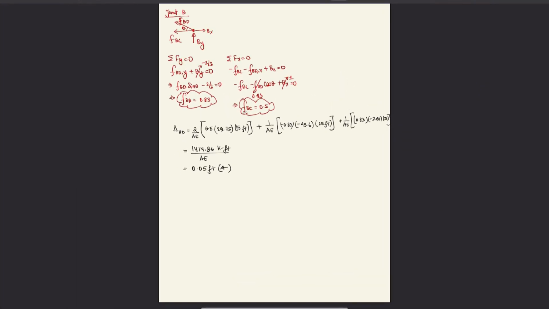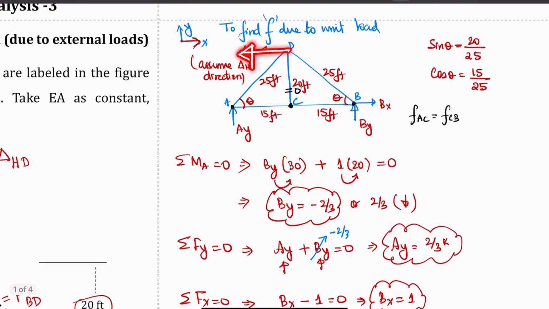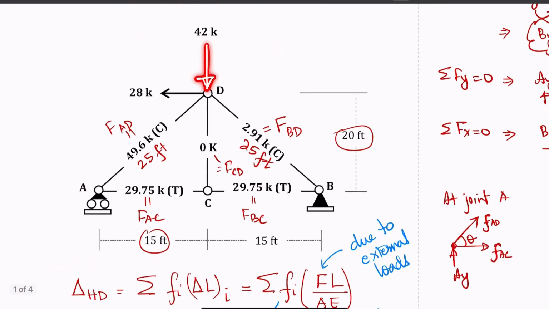How did we assume that it is to the left? Because when we applied the unit load, we applied it in this direction, and because the result is positive, that means this direction is the actual direction that it will deflect. Okay, so what does that mean? That means that when you are applying these loads 42 and 28, this joint will move a bit over here.